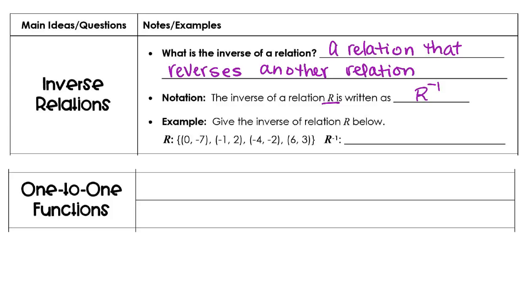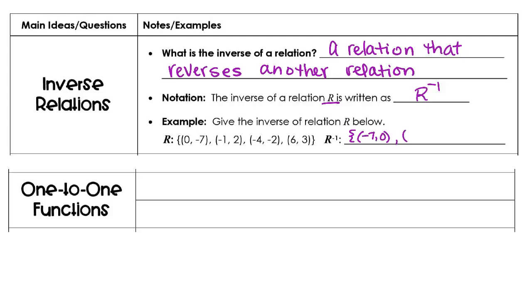Right? So looking at our examples, we're given a relation and we're asked to find the inverse of that relation. So we are going to swap our x and y values. That's really all it's asking for us to do. So for our relation, the first element is going to be negative 7, 0.